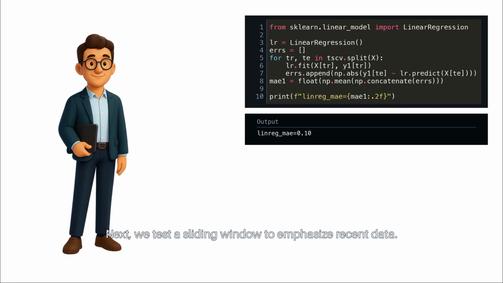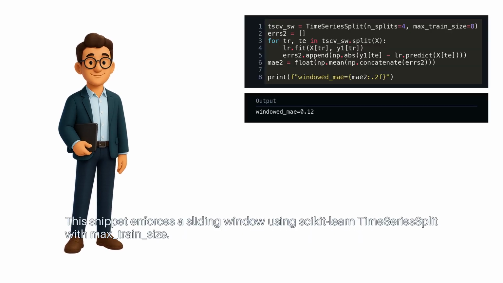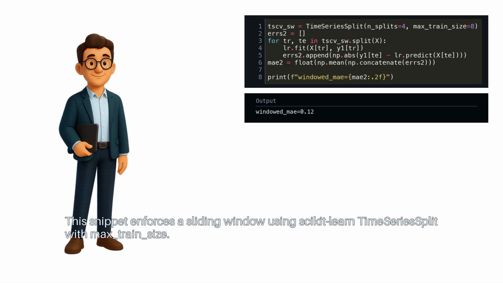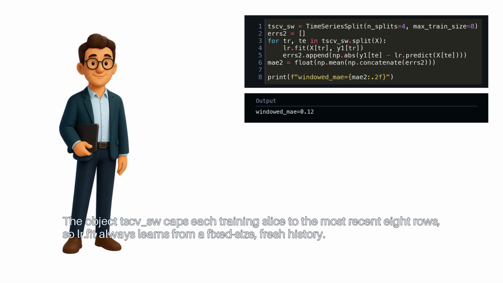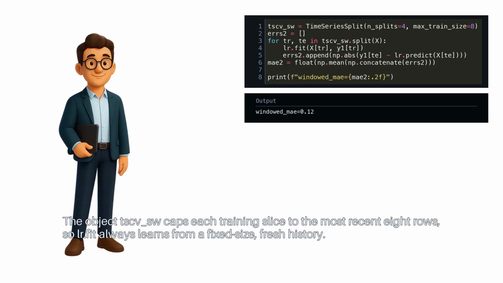Next, we test a sliding window to emphasize recent data. This snippet enforces a sliding window using scikit-learn TimeSeriesSplit with max_train_size. The object TSCVSW caps each training slice to the most recent 8 rows, so LR.fit always learns from a fixed size, fresh history.